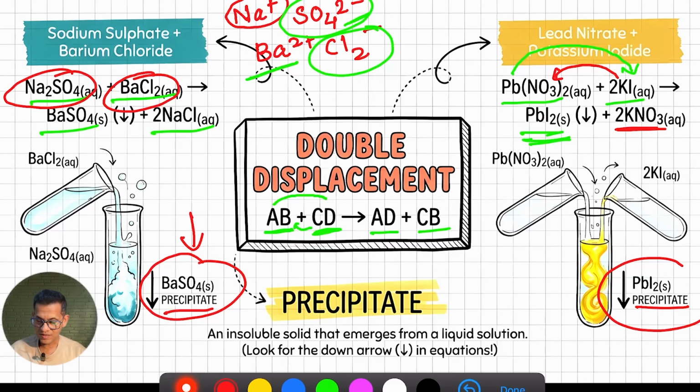In the second reaction, the precipitate of lead iodide is formed. Remember, barium sulfate is a white precipitate, and lead iodide is a yellow precipitate. So a precipitate is nothing but an insoluble substance formed during a reaction. So these reactions can also be known as precipitation reactions.